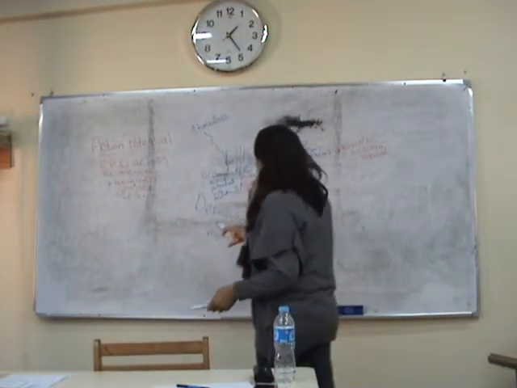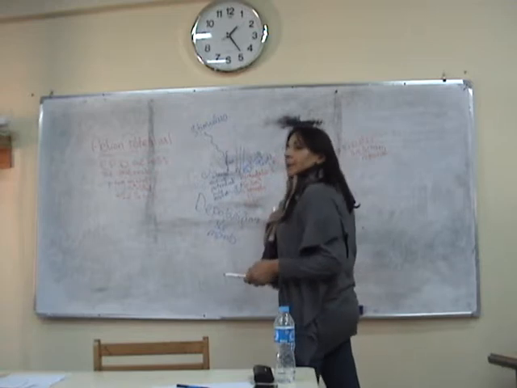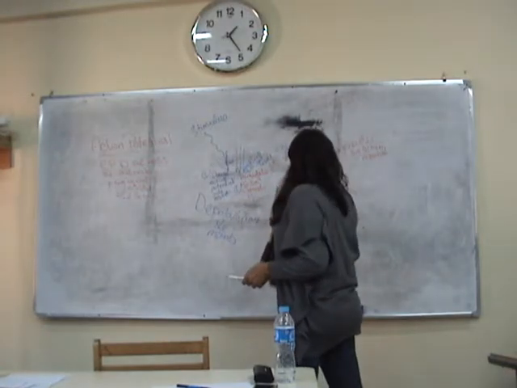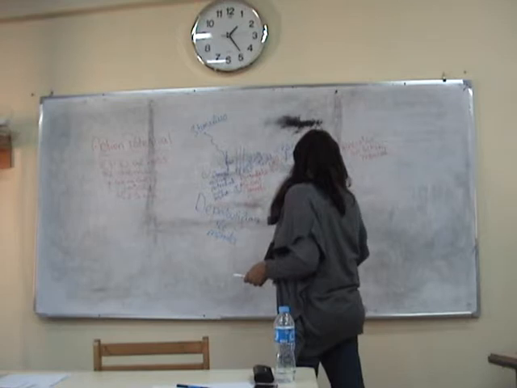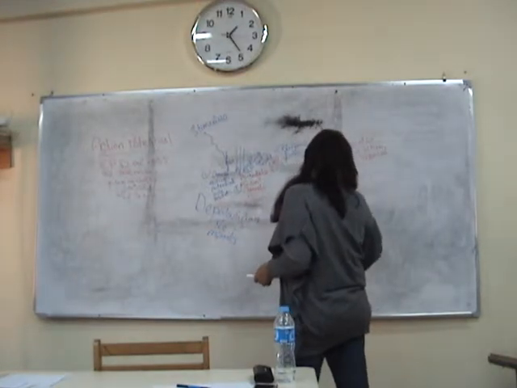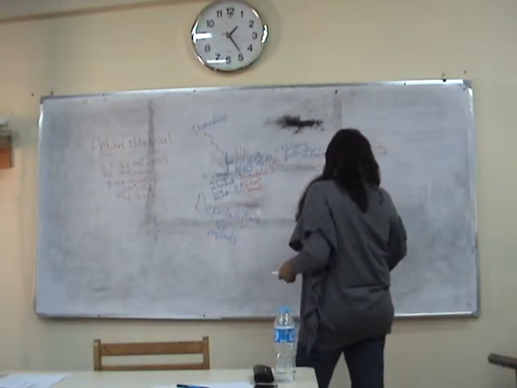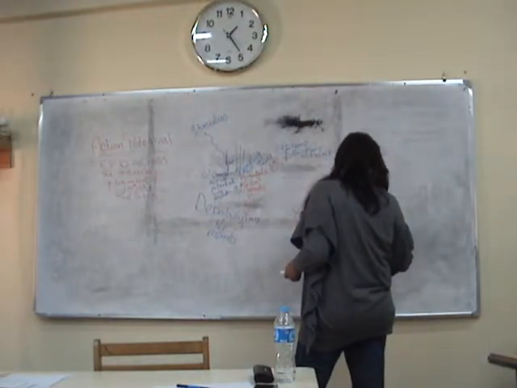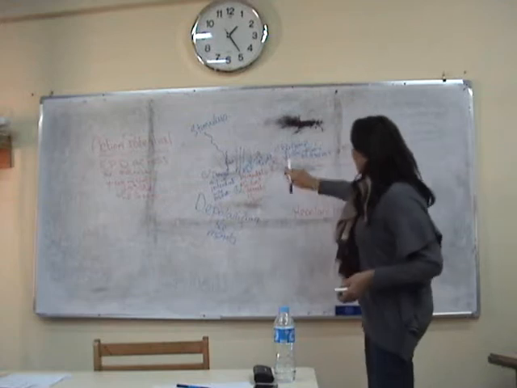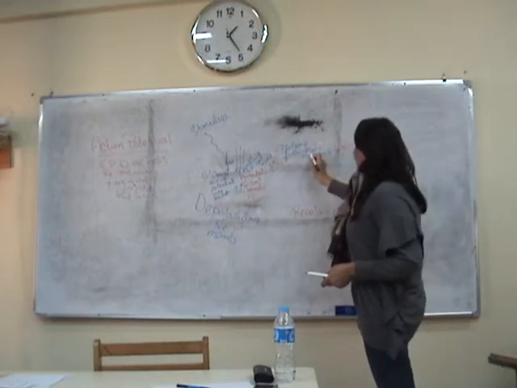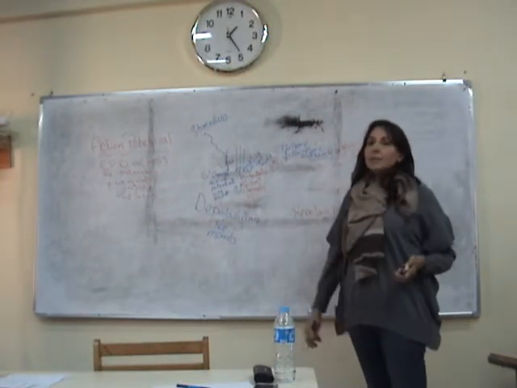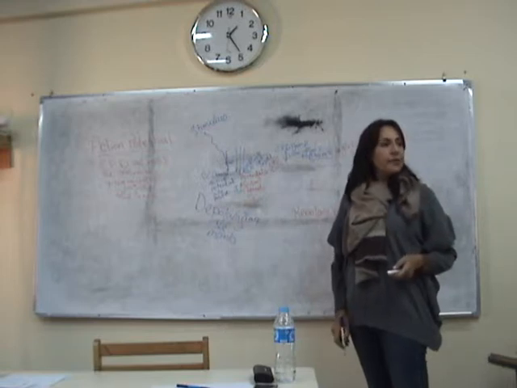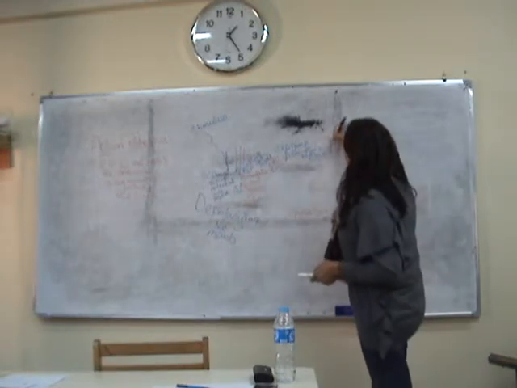So after depolarization, the membrane has to be repolarized again and reach its resting potential. So how does this happen? When the electric potential difference across the membrane reaches positive 40 millivolts, two things occur.